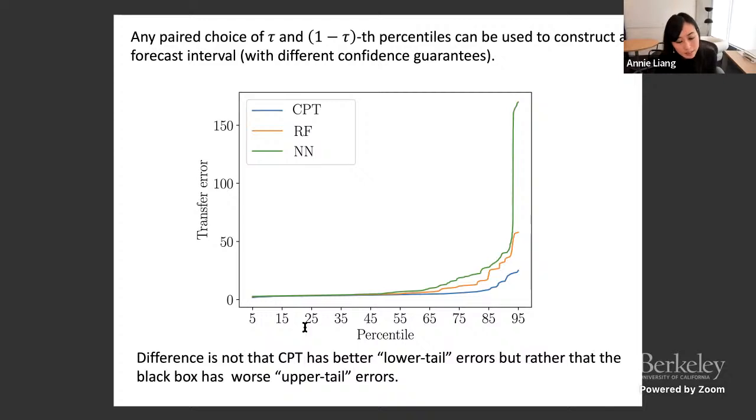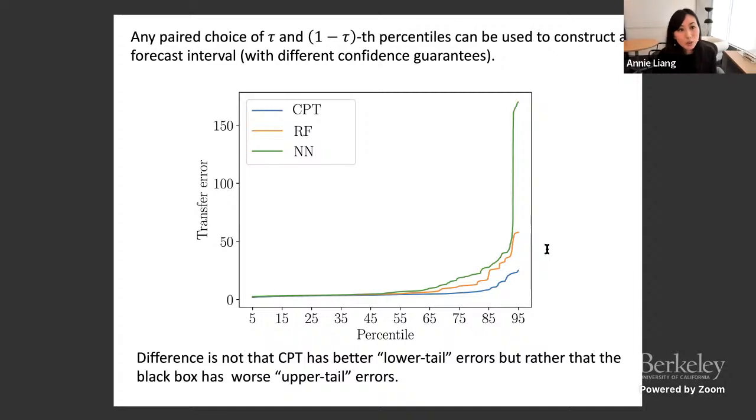So what it tells us is it's not that the economic model sometimes does much better at transfer prediction than the black box methods ever do. The best case transfer errors are actually pretty similar. The distinction is really that the black boxes sometimes do much worse, right? They sometimes achieve transfer errors that you're just never going to get if you use the economic model for transfer prediction.